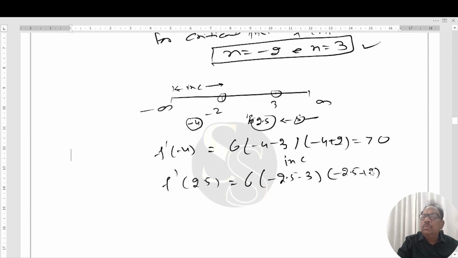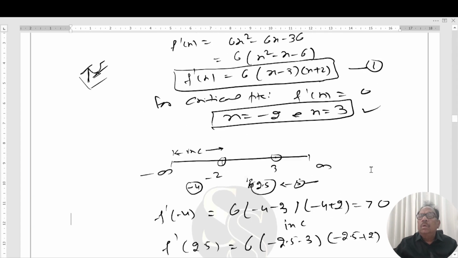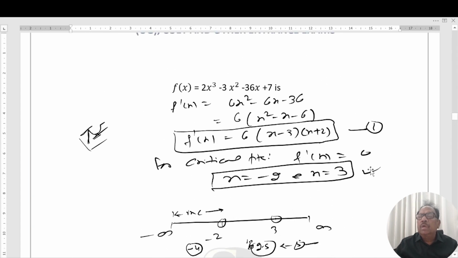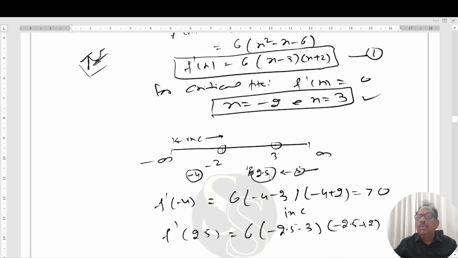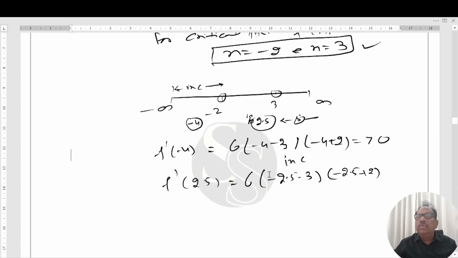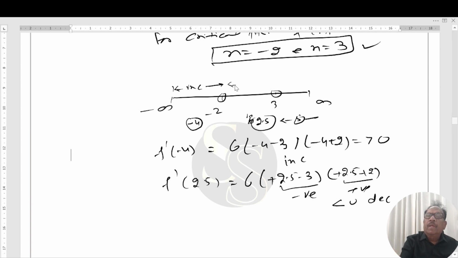Next, f dash of 2.5 means 6 times (2.5 minus 3) times (2.5 plus 2). This is negative and this is positive. So negative, positive, negative, which is less than 0. Decreasing. In this interval, it is decreasing.